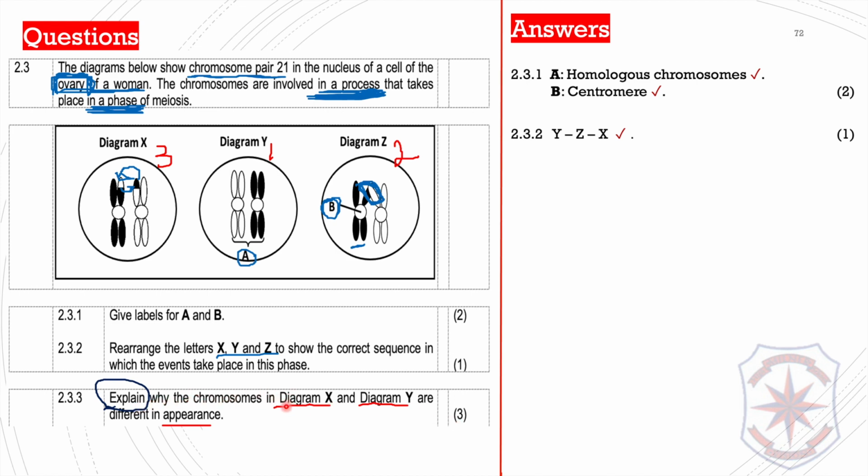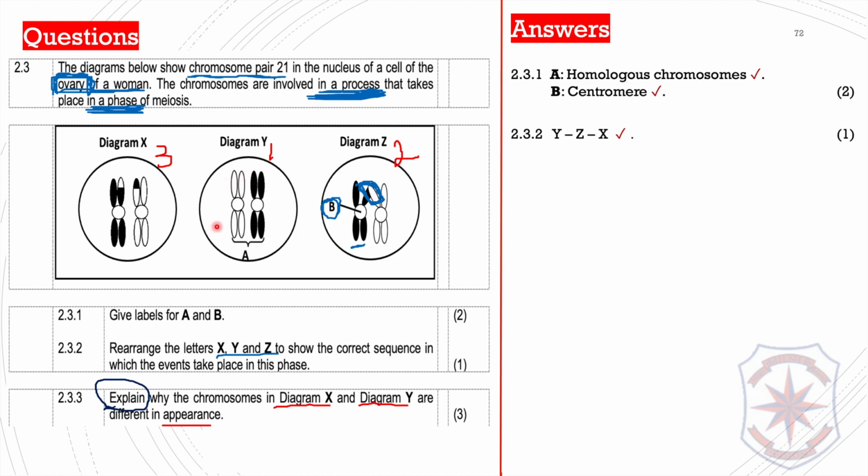Explain why the chromosomes in diagram X and diagram Y are different in appearance. So in diagram X, as you can see over there, let me just erase. As you can see over there, they are not the same as in diagram Y, as you can see over there.